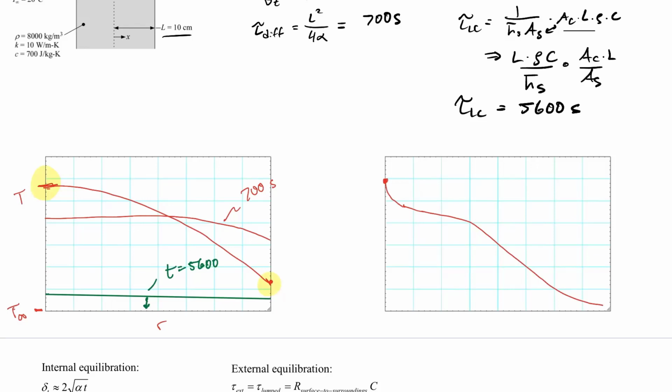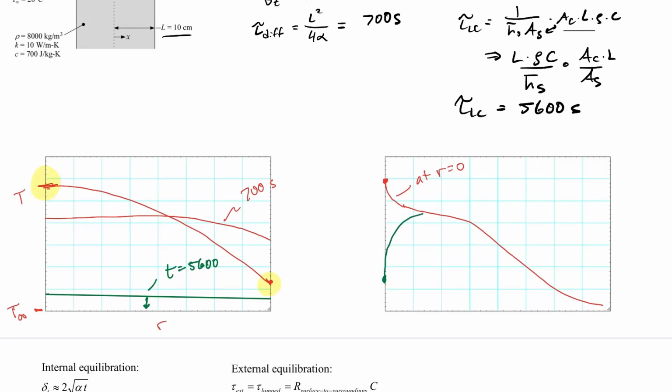That's at R equals 0. What's it going to look like at the outer wall? I'll draw that in green. At the outer wall, we started off down here, and the temperature goes up like this.